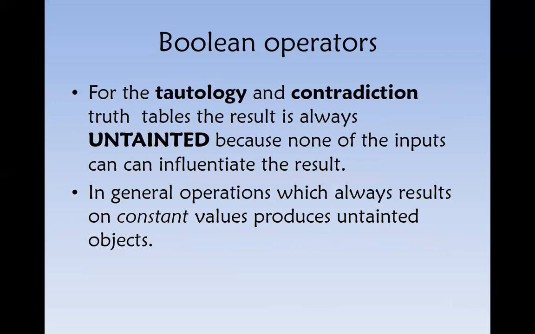Okay, so for the tautology or the contradiction truth tables, the result is always untainted because none of the inputs can influence the result. Tautology means the truth value of the output is always true. Contradiction means the truth value of the output is always false. So if you have an operation that always produces a constant output, then you do not have to taint the output.